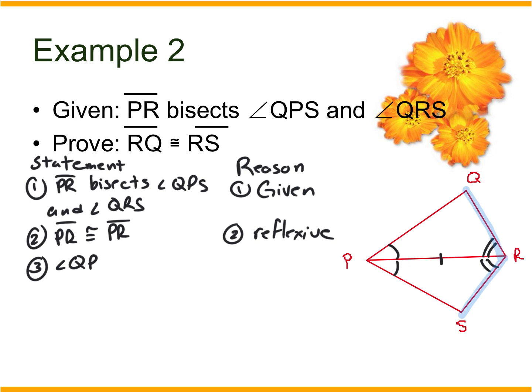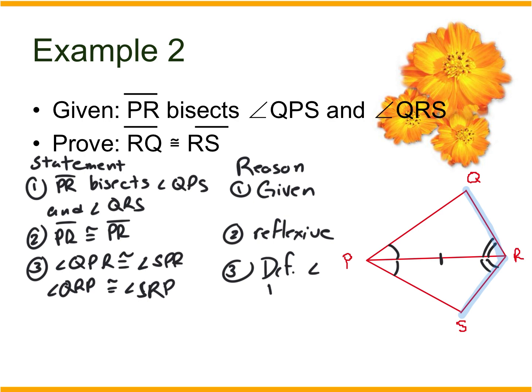I'm going to put them in the same step. Angle QPR is congruent to angle SPR, and angle QRP is congruent to angle SRP. All of that is true by the definition of an angle bisector. After we figure that out, we can say the two triangles are congruent.